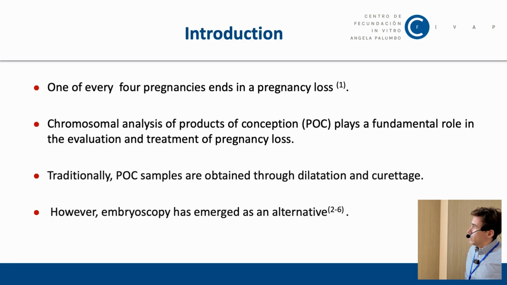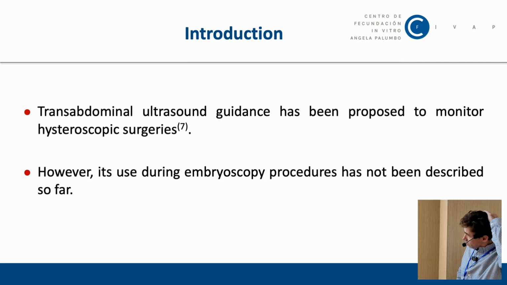Traditionally, POC samples are obtained through dilatation and curettage. However, embryoscopy has emerged as an alternative. Transabdominal ultrasound guidance has been proposed to monitor hysteroscopic surgeries. However, its use during embryoscopy procedures has not been described so far.